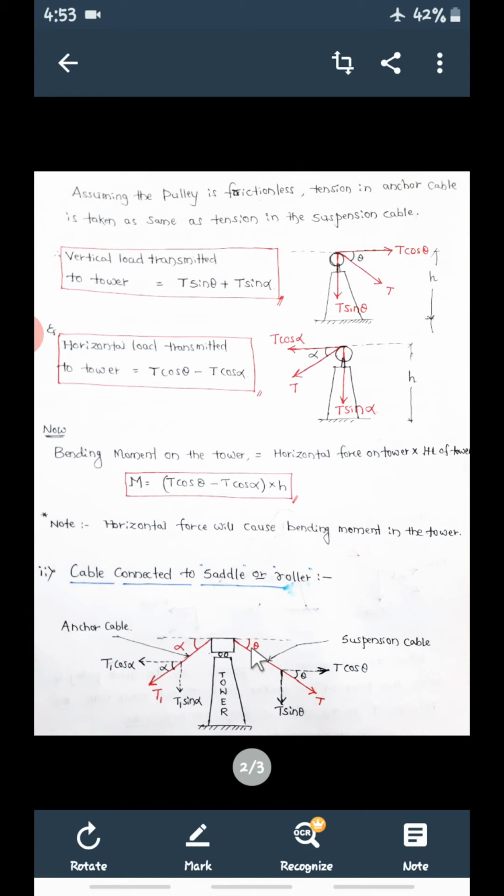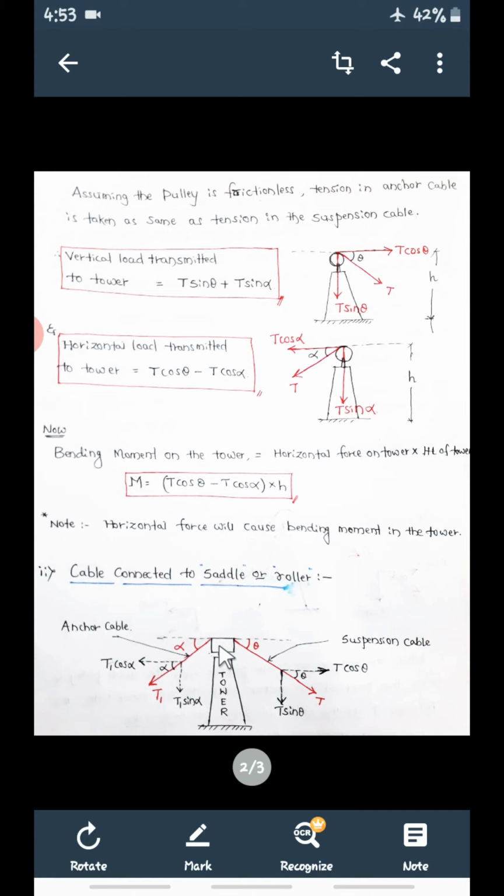Same thing, the force in the suspension cable is T, that is the tension force. Again we can resolve this into T cos theta and T sin theta. Similarly here, now I can write it as T1. So this is T, this is T1. These two are not the same. In the previous case this was also T because of the smooth, frictionless pulley.